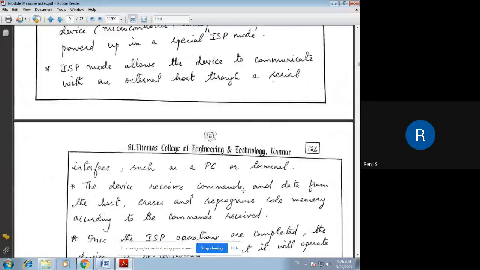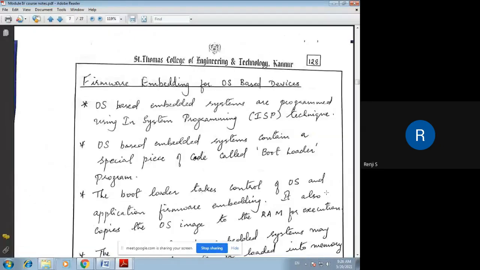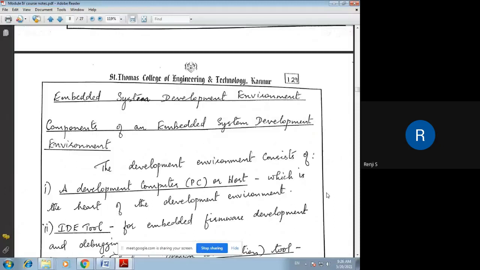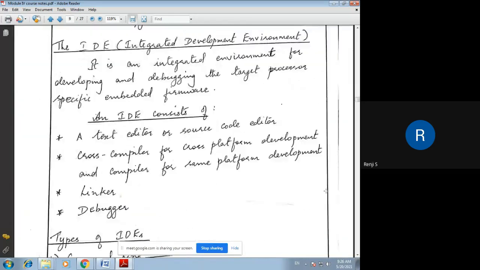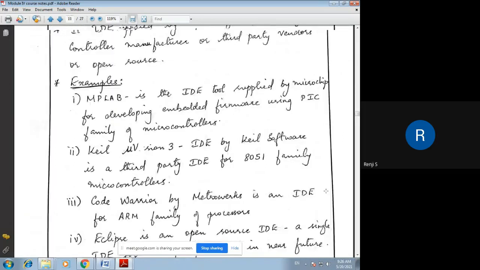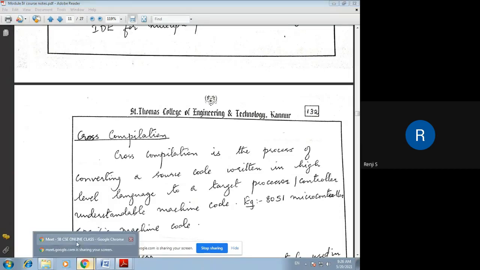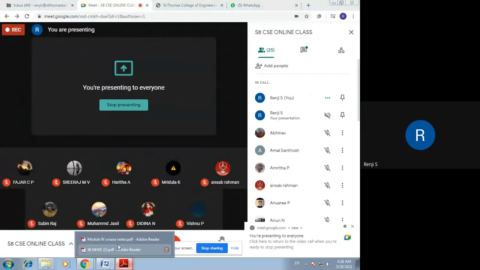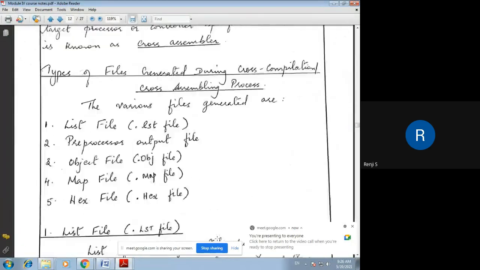After discussing the techniques, we started the embedded system development environment: what is an IDE, the types of IDE, the components of IDE, then the cross-compilation process, cross-compilers, cross-assembling.